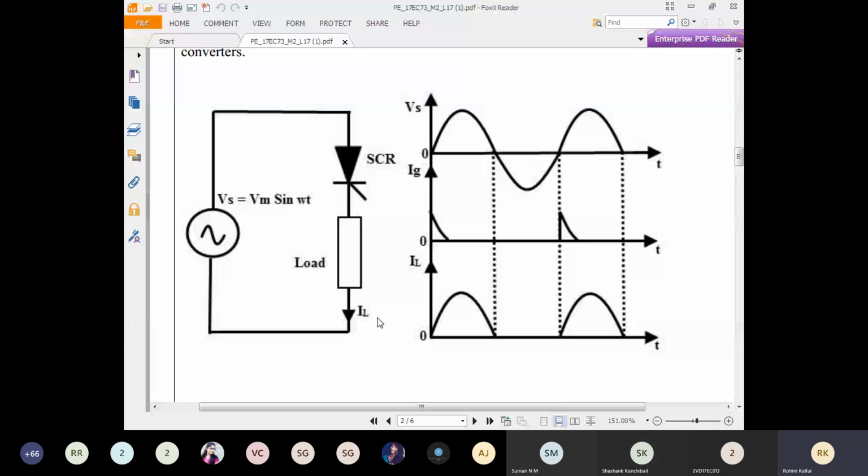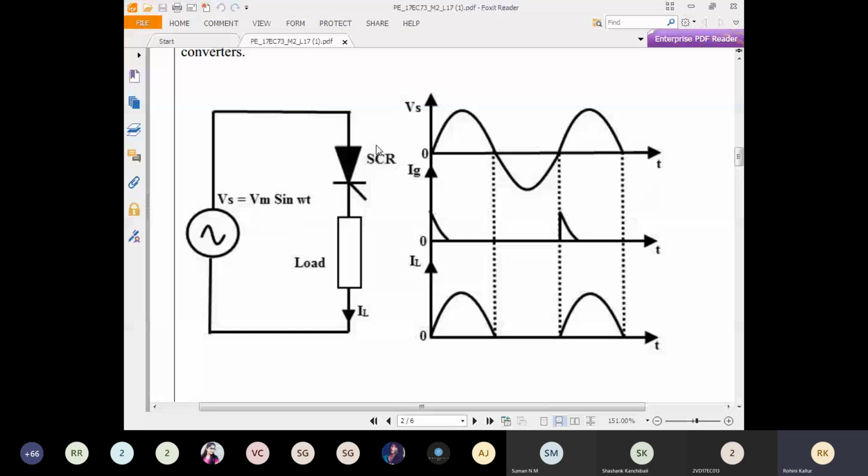So next what happens is, you have your SCR in forward bias, so you are waiting for the gate pulse, and note that this gate pulse is being applied at t equal to 0. When it is applied at t equal to 0, what happens? Your SCR is already in forward blocking mode and you are supplying this gate current, because of which the device conducts.